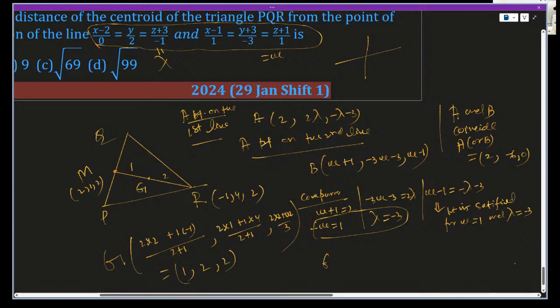So this point, GB or GA you find. GB is going to be 1 square, 8 square, 2 square, 69. I got the correct answer here.